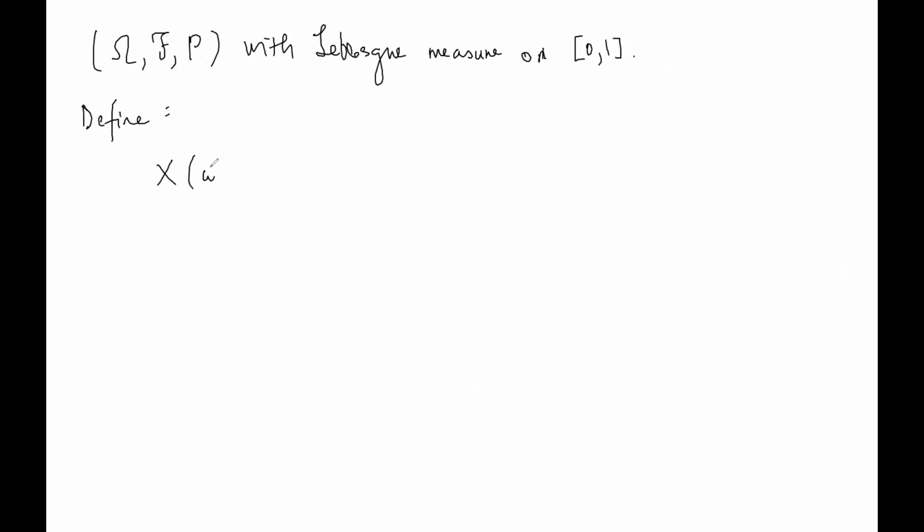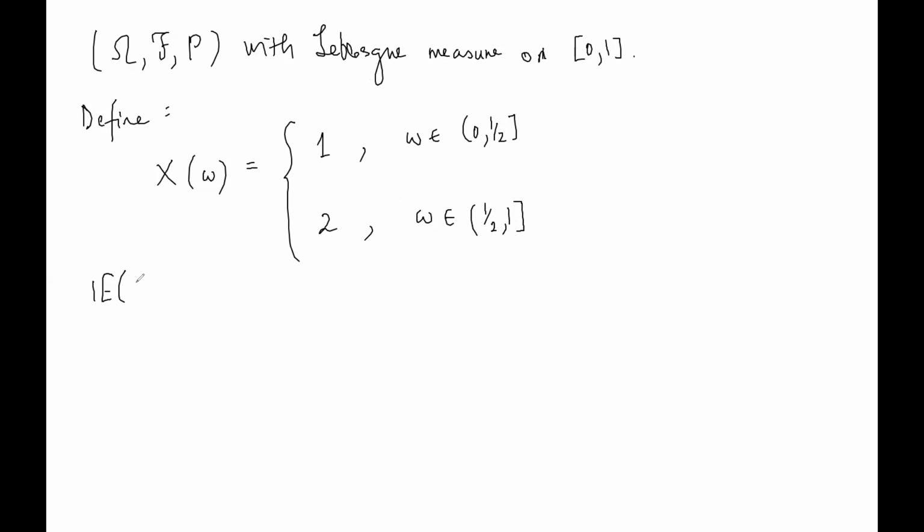X as a random variable is equal to 1, 2, okay? So we're going to find the expectation of X. All right. You look at this, take a pause for a moment and think about how you're going to find this.